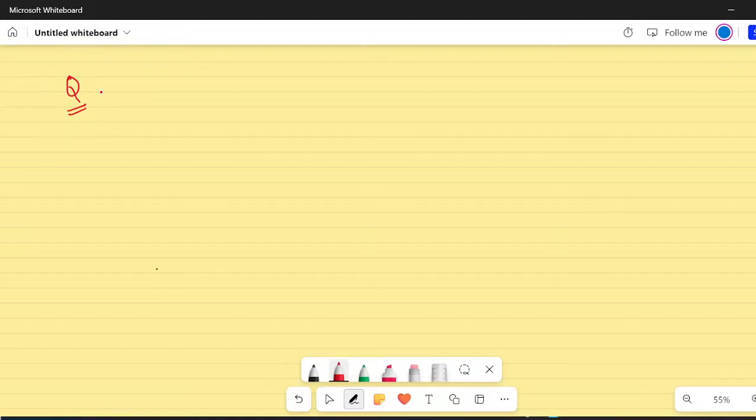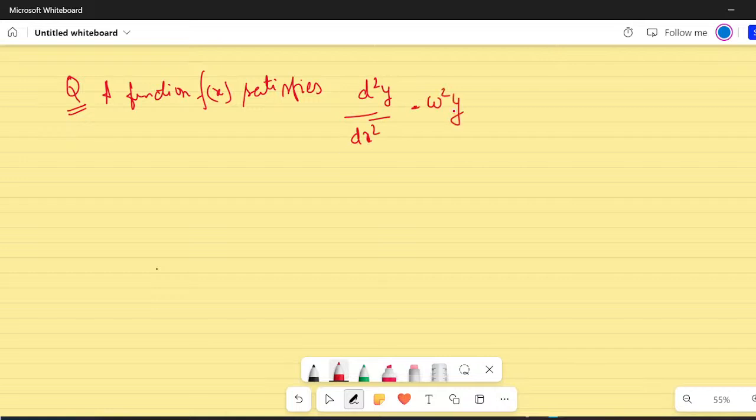Okay, so a function f(x) satisfies a differential equation d2y upon dx2 minus omega square y is equal to minus Dirac delta of x minus a, and the Fourier transform was given to you already.